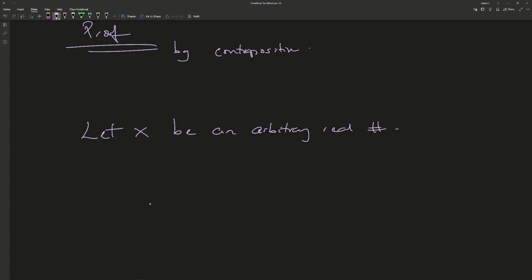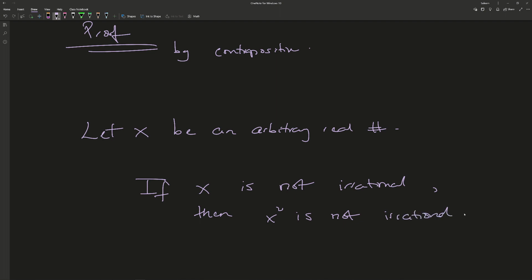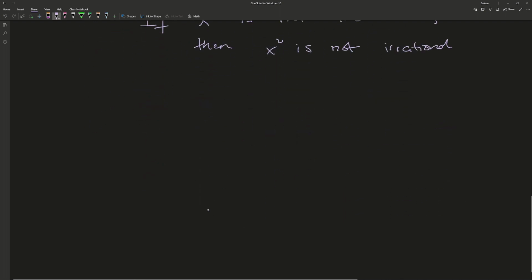If we are proving by contrapositive, we have: if x is not irrational, then x squared is not irrational. Remember, for the contrapositive we put a not in front. So that is the same thing.